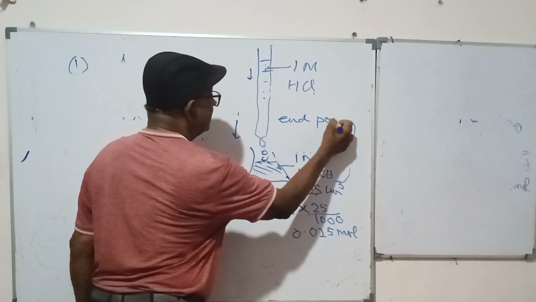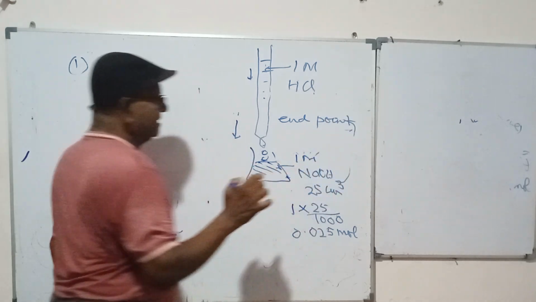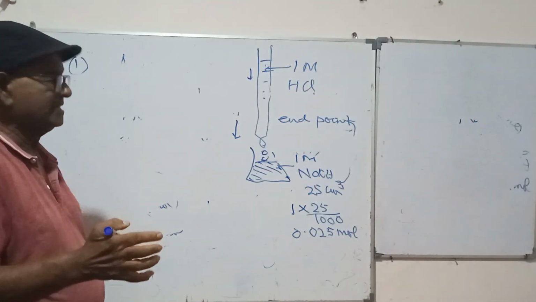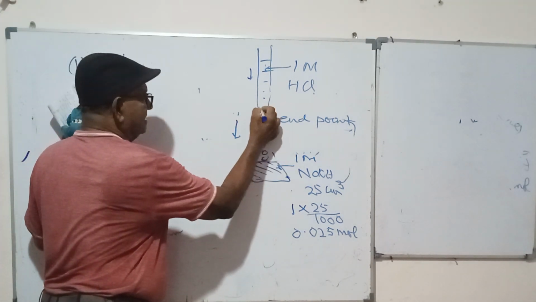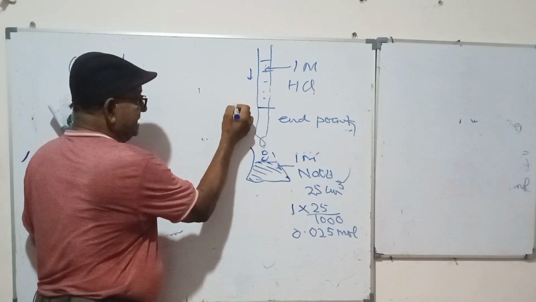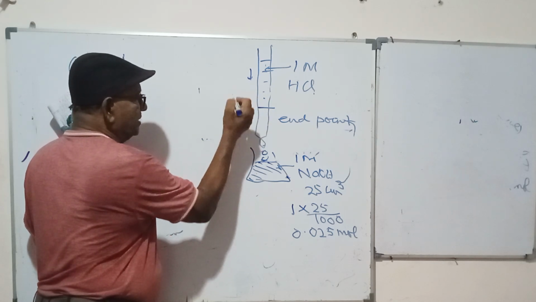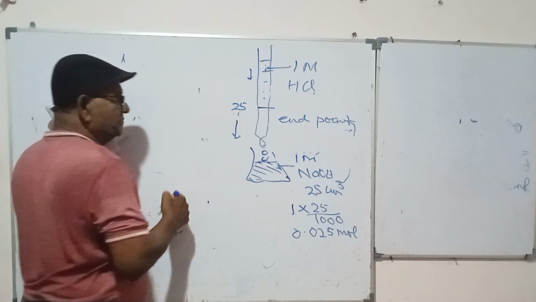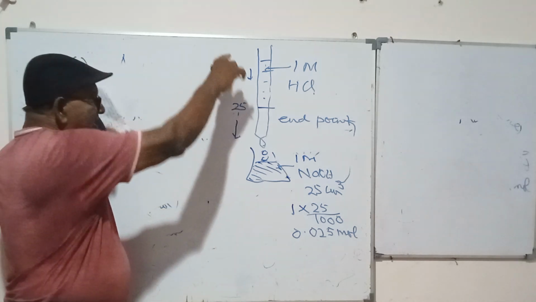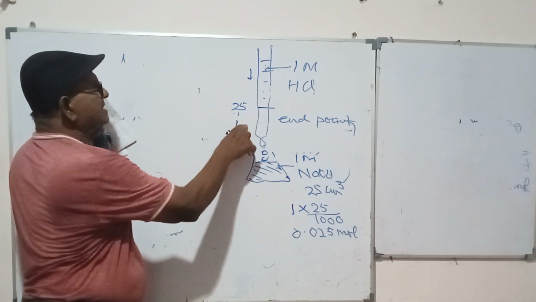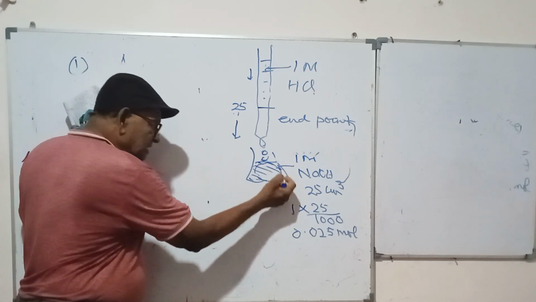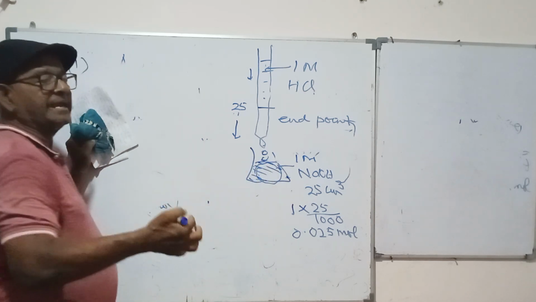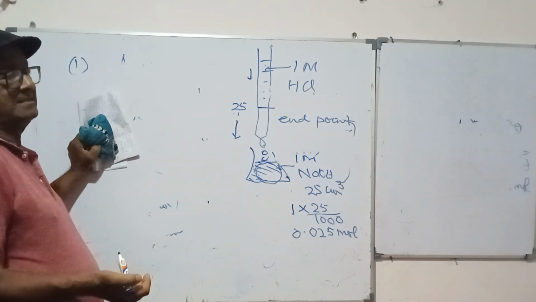The endpoint is a particular HCl volume, maybe 25. If we add 25 cubic centimeters of HCl into that solution, the total amount of NaOH gets completely reacted.